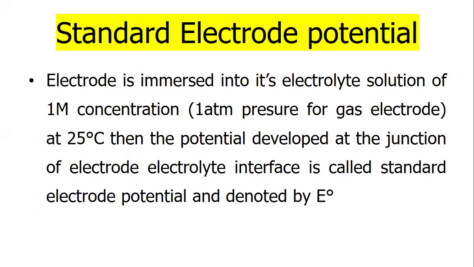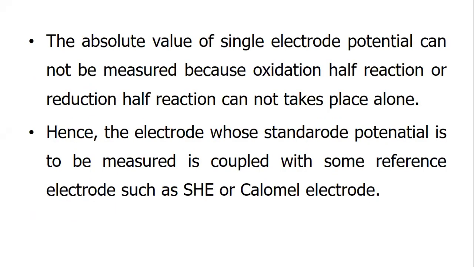Standard electrode potential: when an electrode is immersed in its electrolyte solution of 1 molar concentration, at 1 atmosphere pressure for a gas electrode, at 25 degrees Celsius, the potential developed at the electrode-electrolyte interface is called the standard electrode potential, denoted by E naught. The absolute value of a single electrode potential cannot be measured, because an oxidation or reduction half reaction cannot take place alone.